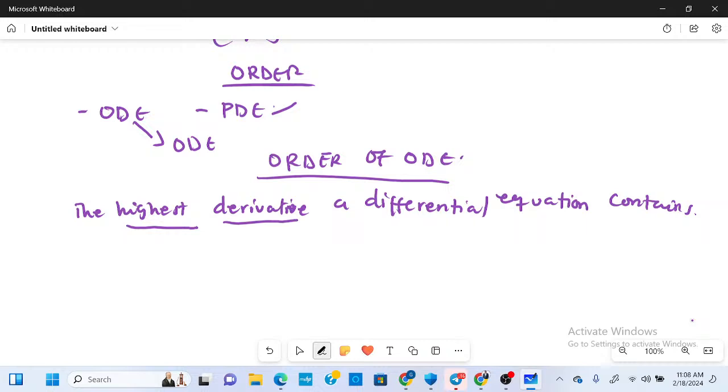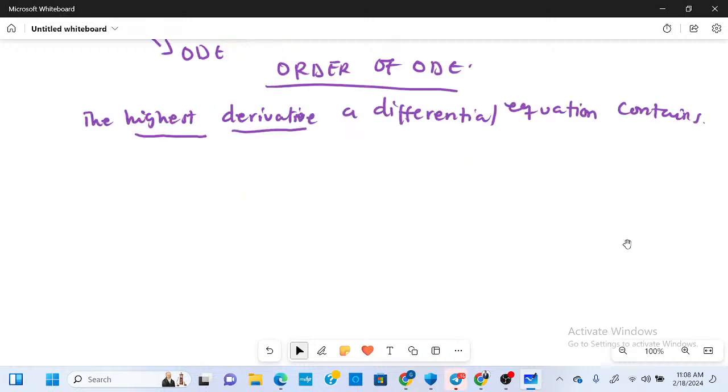From differentiation, you know that we have the first derivative f prime, the second derivative f double prime, the third derivative f triple prime, then the fourth, in that order, to what we call the higher derivatives. For this reason, if you have any differential equation where the highest derivative is f prime, that is the first derivative, then we say that it has an order of 1.